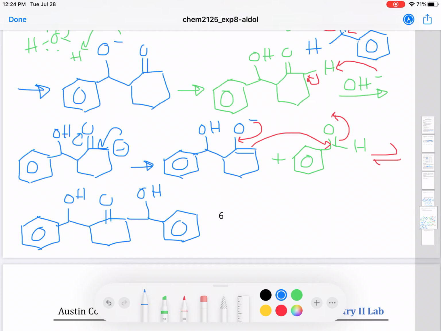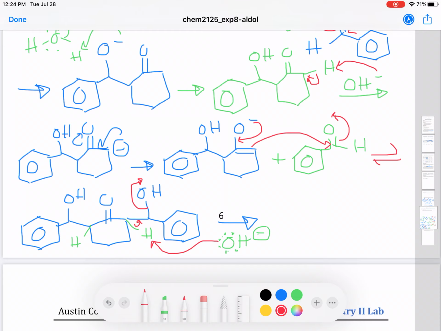Now what's the next step going to be? Removal of the water, dehydration. Okay, how does the dehydration take place? Remember, you have a hydrogen here, you have another hydrogen over here. So the base, OH minus, with its lone pairs, 3 lone pairs, the hydroxide group goes and grabs the hydrogen, gives its electrons to form a pi bond, and then loses OH.